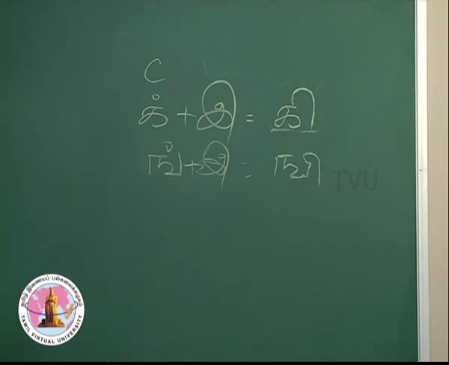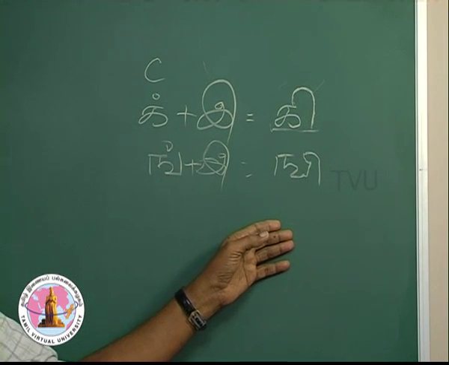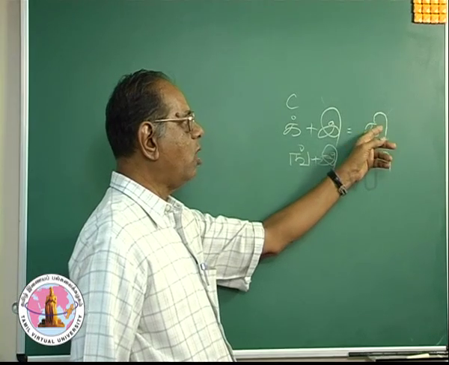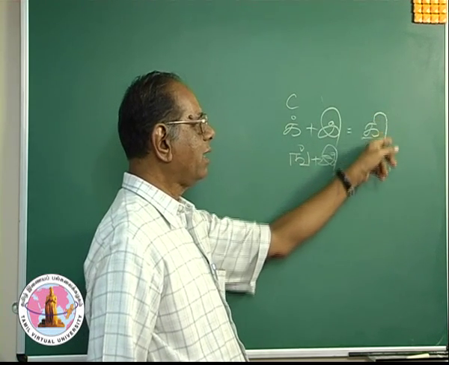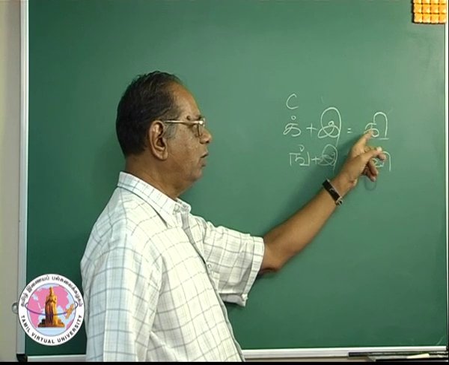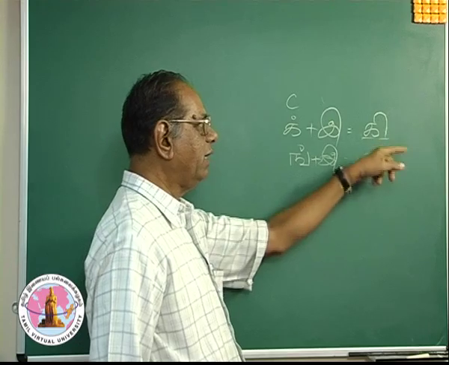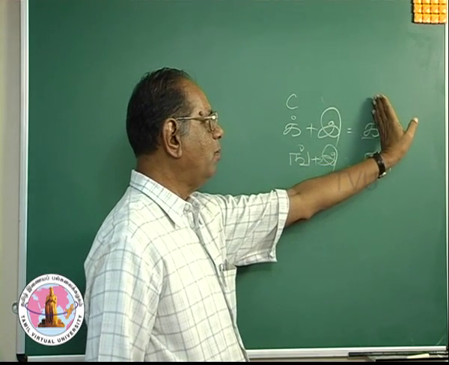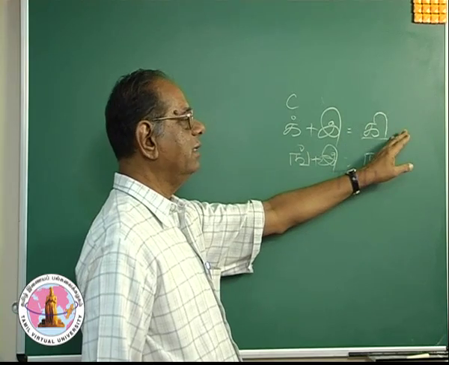The one thing which we have to remember in writing these letters is where to start the marker. We can call it a marker, a mark which makes the letter sound differently. If there is no marker, it is ka. With this marker, it is ki.